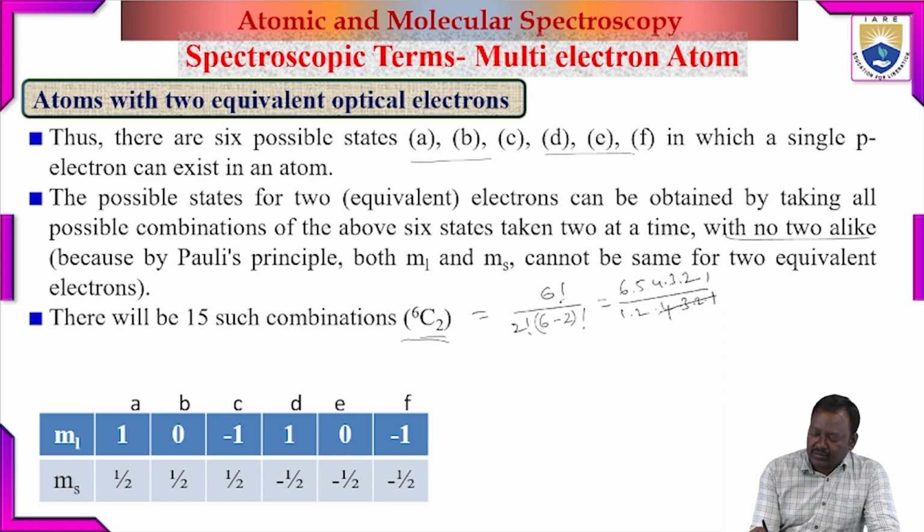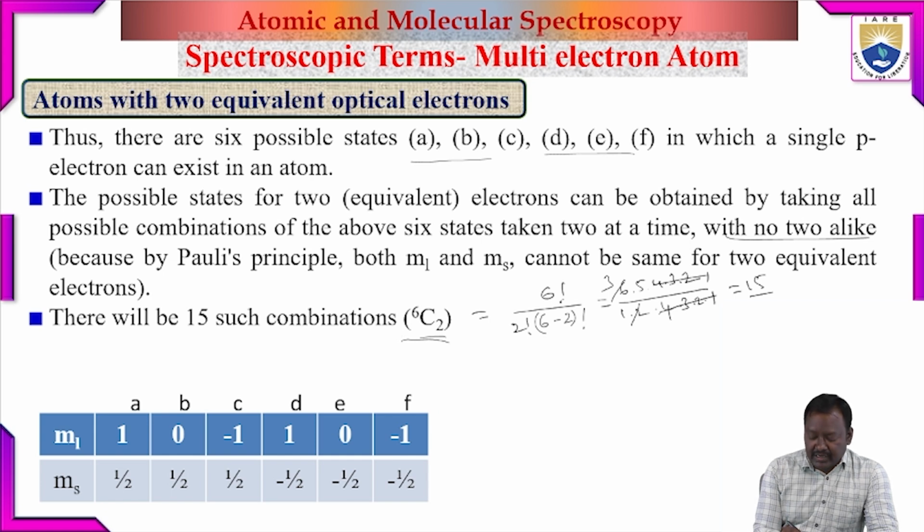So you can cancel here. 5 into 6 by 2 gives 15 such combinations, among which no two electrons can have the same values of ml and ms.